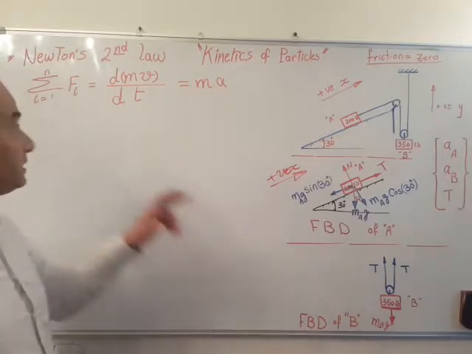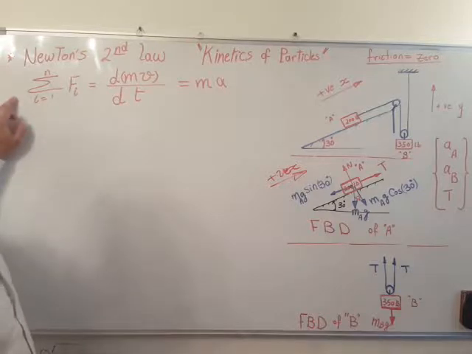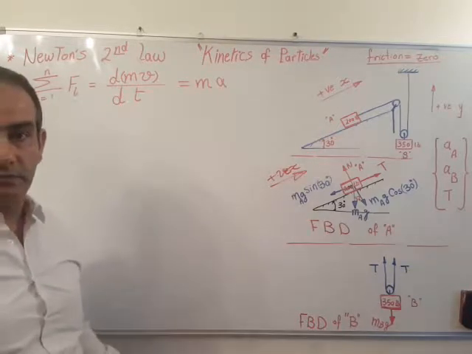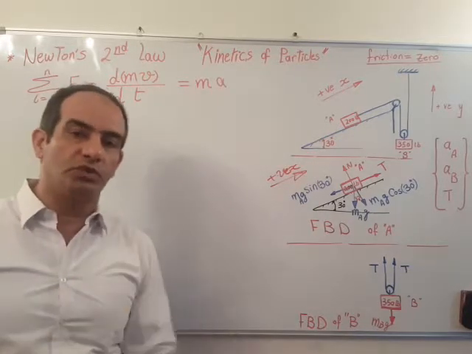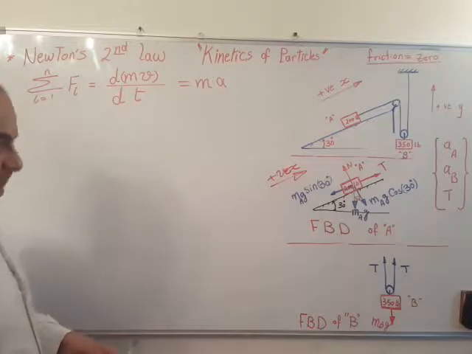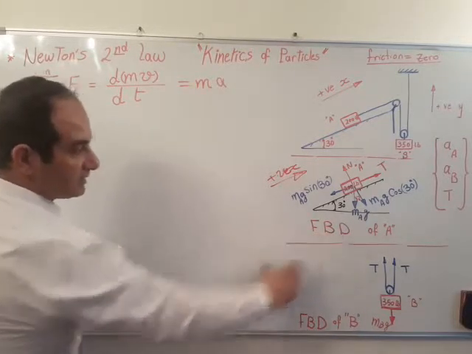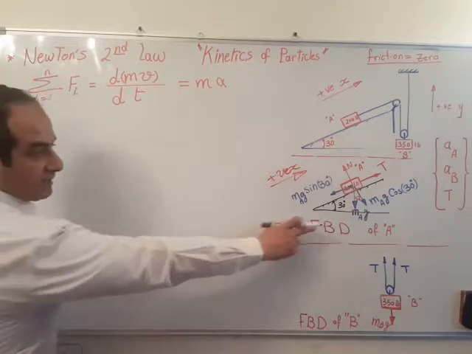Let us use Newton's second law to write down the equation of motion for each mass. We start with mass A, the free body diagram.